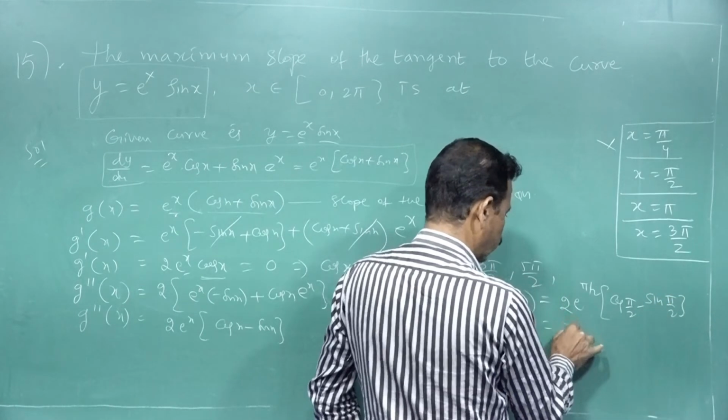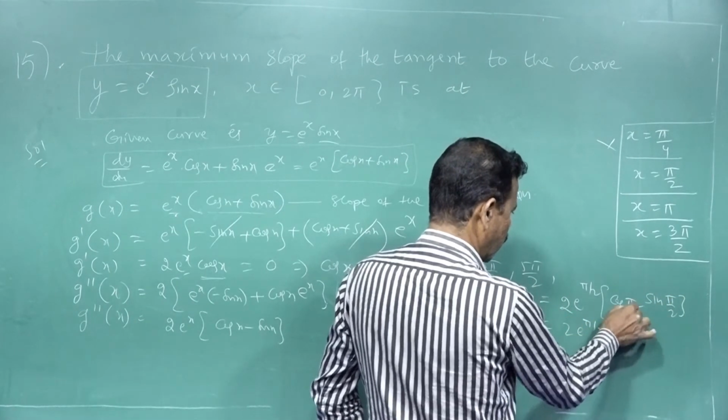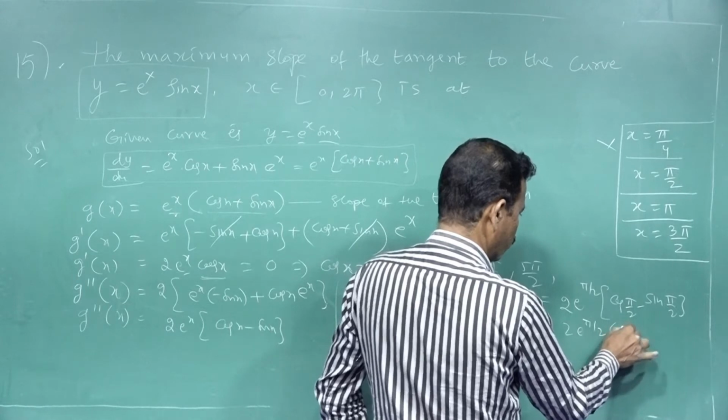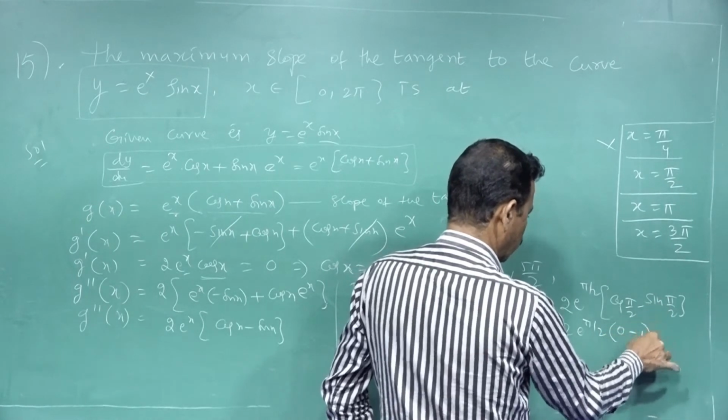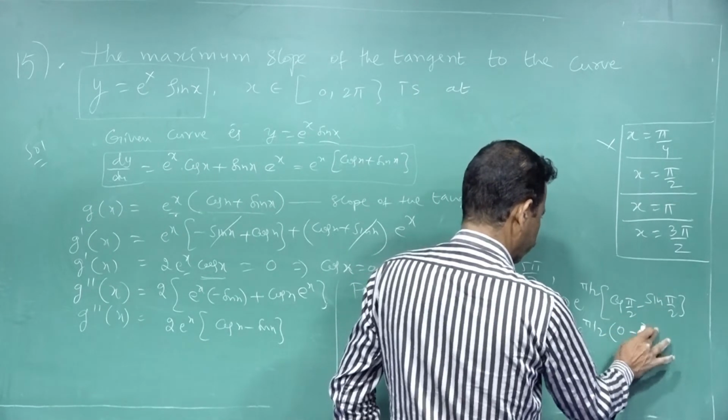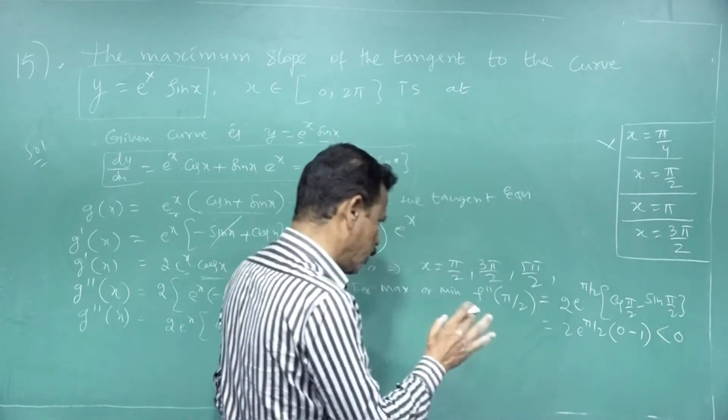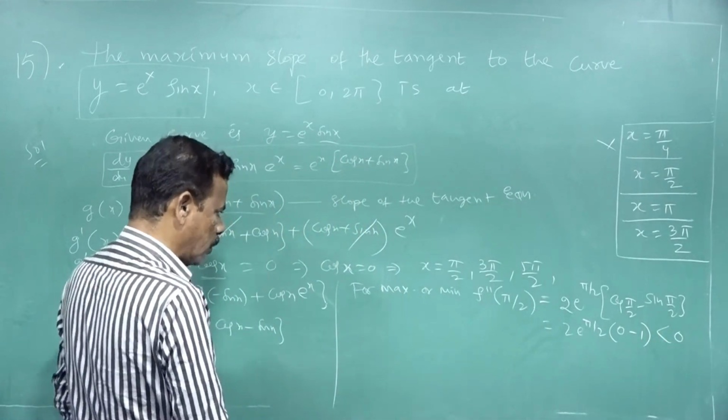Here cos 90 degrees is 0 and sin 5 pi by 2 is 1. So the total value is negative. That's why this value is a maximum.